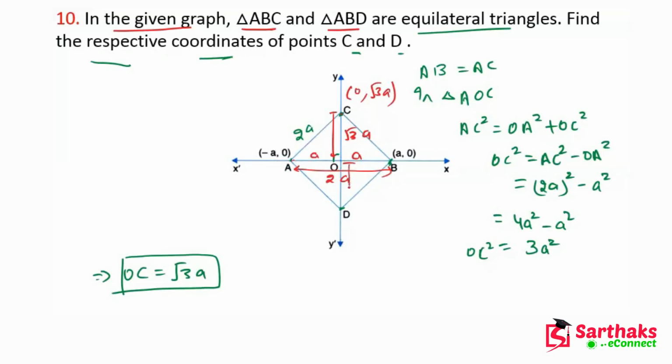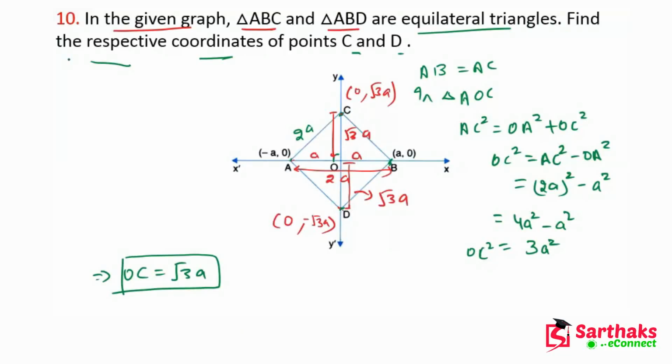Similarly, because AOD is also an equilateral triangle, this distance is also root 3a. Point D again lies on the y-axis, so the x coordinate is 0. It is on the negative y-axis, so this point is minus root 3a.